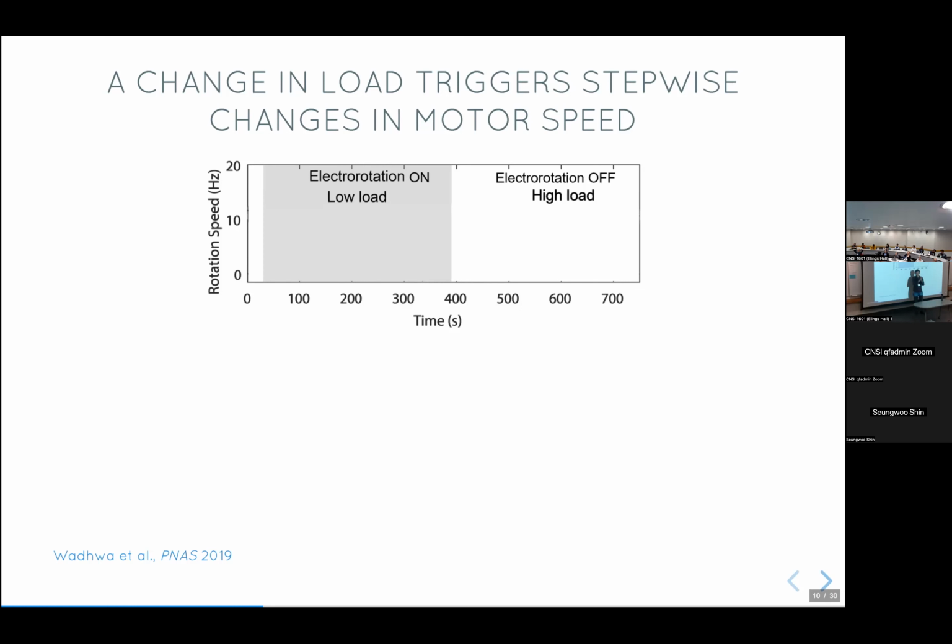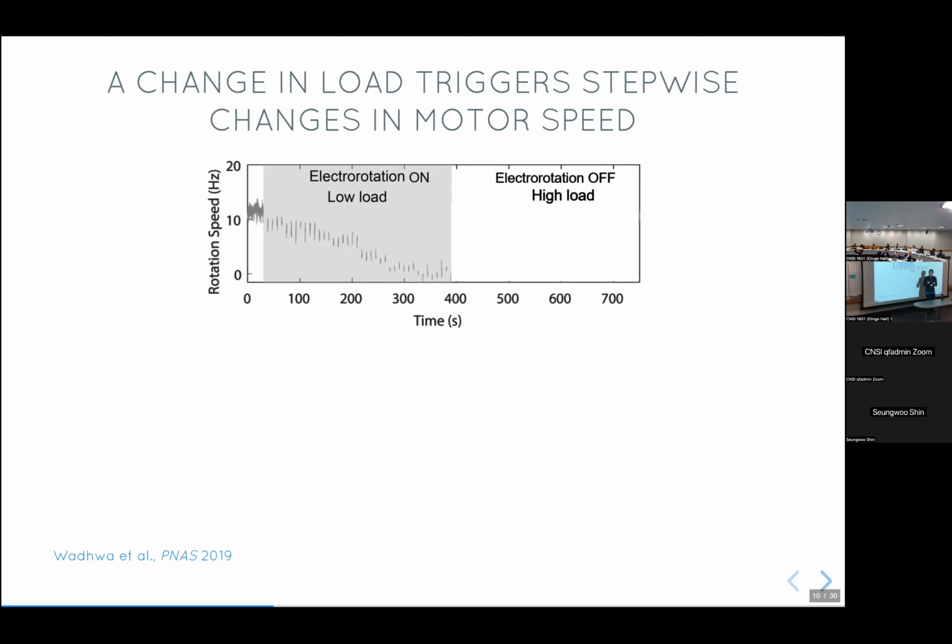Every 8 seconds, we turn it off for 1 second to see what the motor is doing on its own. Initially, this cell and this motor rotated at about 10 hertz, 11 hertz. Then we lower the load using electrorotation, and when we observe it briefly, we see a stepwise reduction in the rotation speed of the cell.